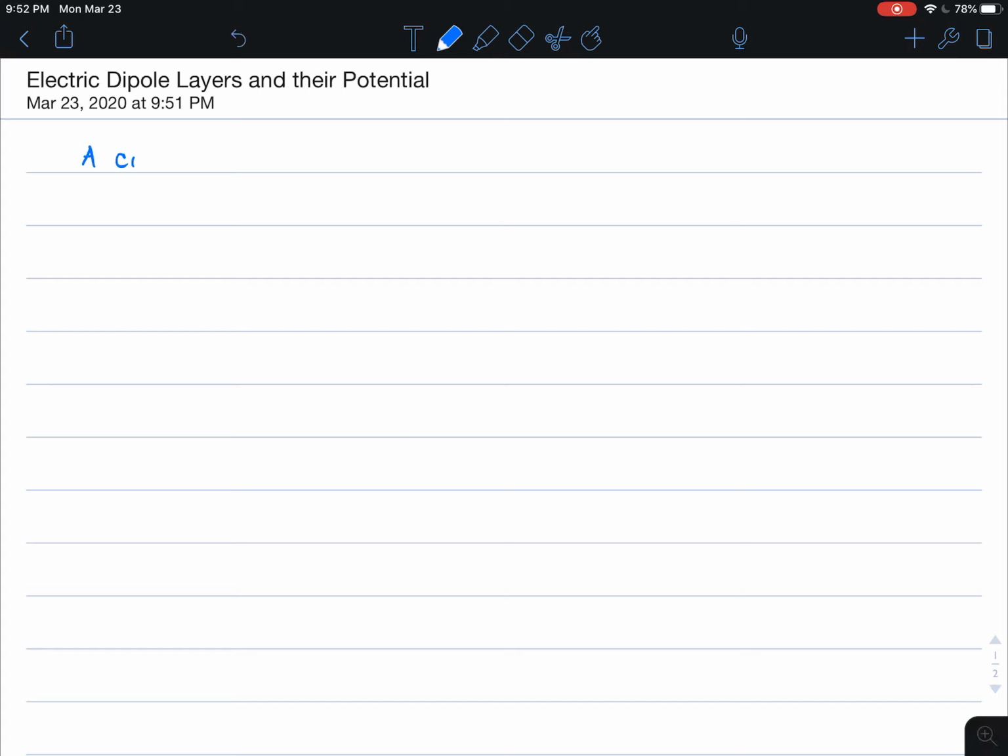a collection of polar molecules which carry a certain dipole moment that are trapped at an air water interface.